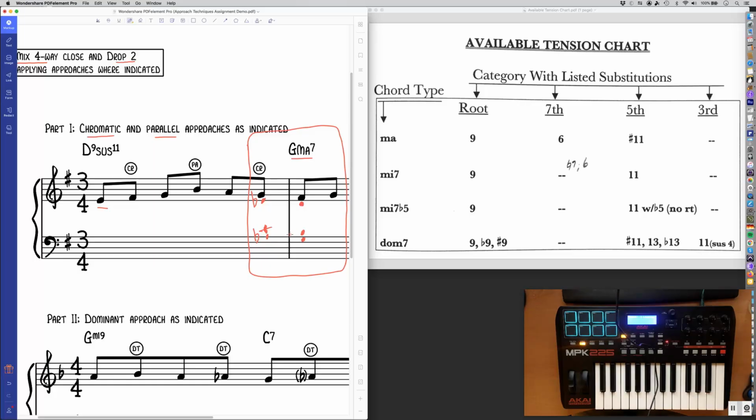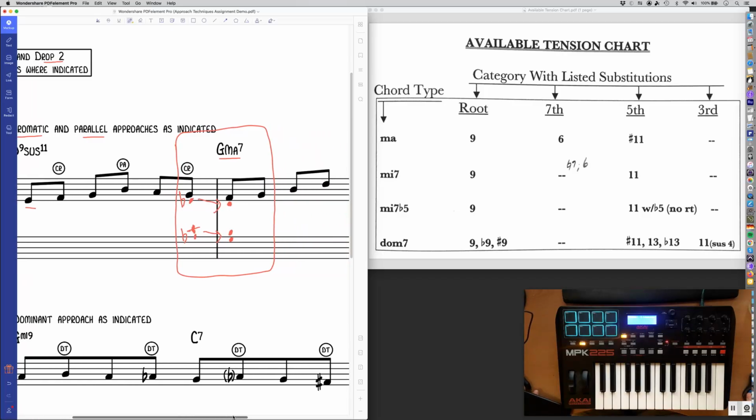They all move down by half step in the same direction as the lead. All right, so now we've got this sort of planing like that.